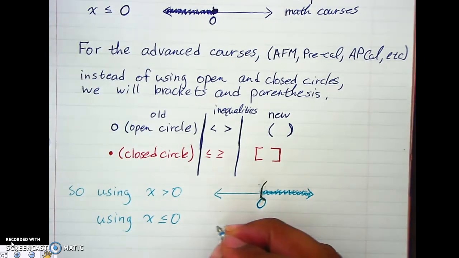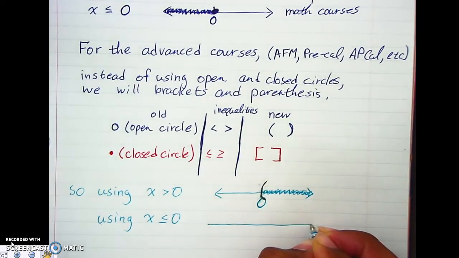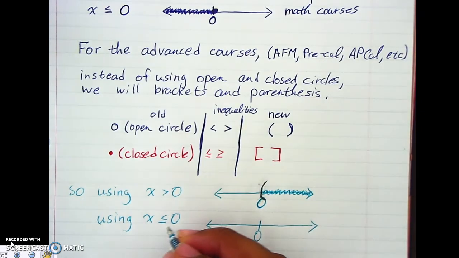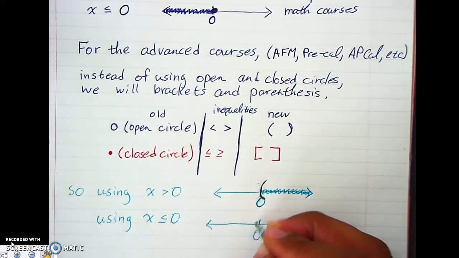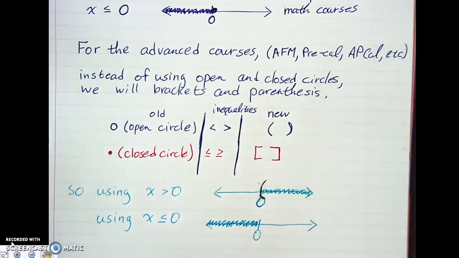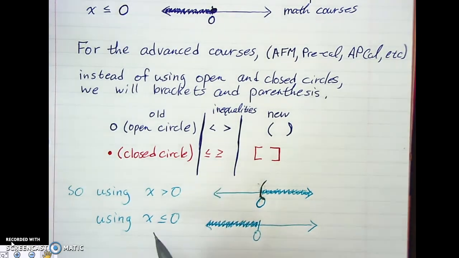So then we go to the other one. Again, we have the number line going. We put a 0 in the middle. We know we shade less than, because again, it's a less than sign. And on this one, do we use the brackets or the parentheses? Brackets. And why? Because it's an equal to sign. So it's less than or equal to.